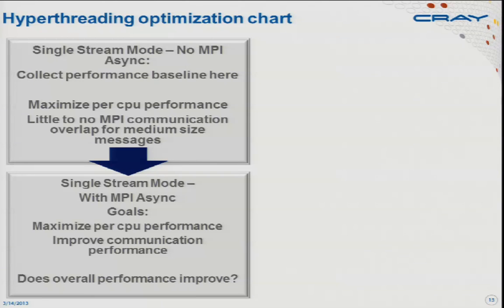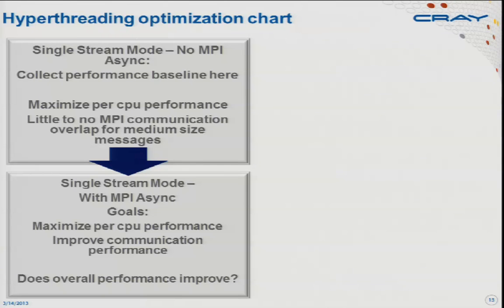One thing you might try next, because it might be pretty easy to do, is just to try single stream mode with MPI async on. Again, you're trying to maximize single CPU performance, but you're hoping that turning async on will improve communication performance and overall performance. It's not a guarantee that it will improve. It's not a guarantee that it won't slow down.